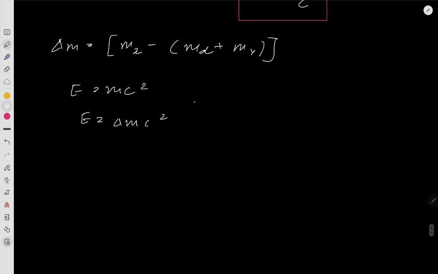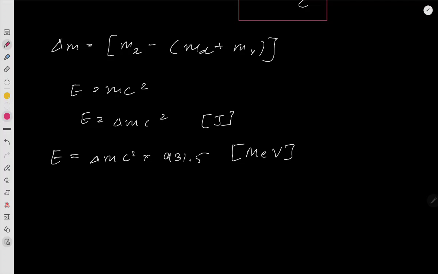And this is going on in joule, what you are calculating. To get it in mega electron volt, there's a ready formula that scientists calculated, that is delta m c square into 931.5. Yes, this is a ready formula that has been given.